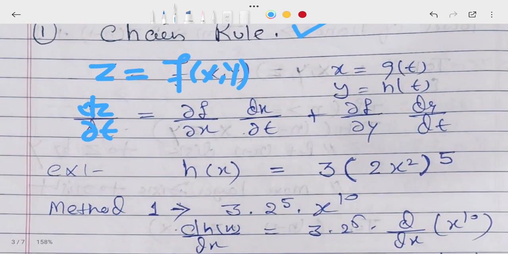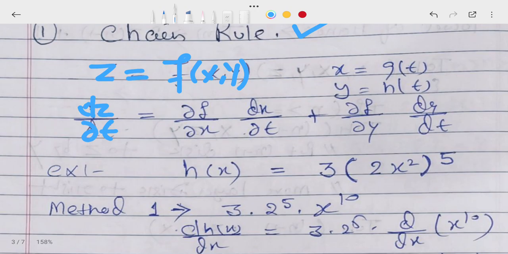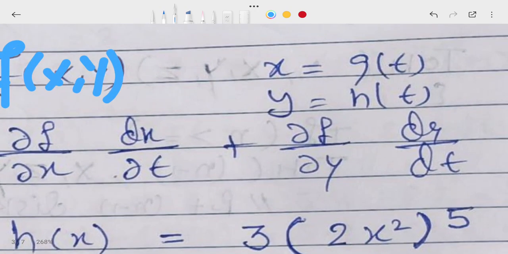Now you can see in z there is no t, but x is also a function, and y is also a function, and the variable is t.